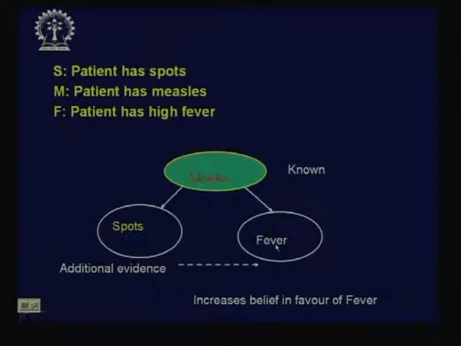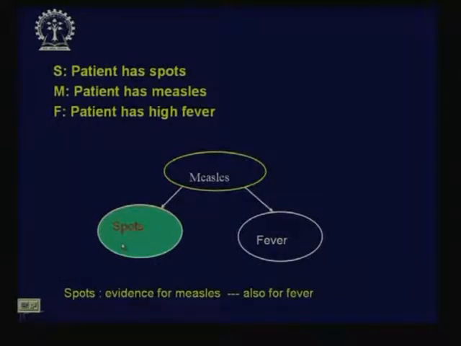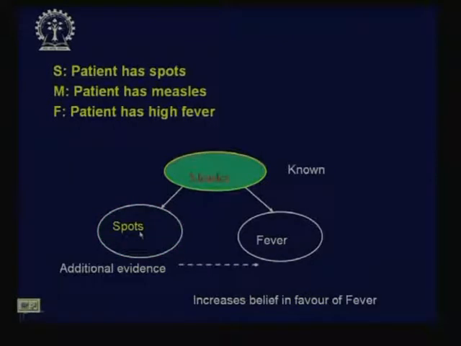Now, in the earlier case we had assumed that my evidence was spots, spots was known. Next, I see that measles is known, the disease is known, that somebody has measles. Obviously, if it is known, then we can infer the evidence that he will have spots.